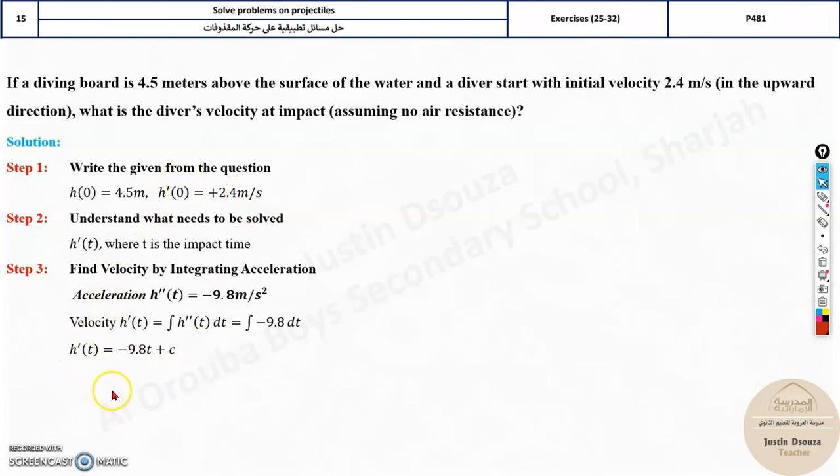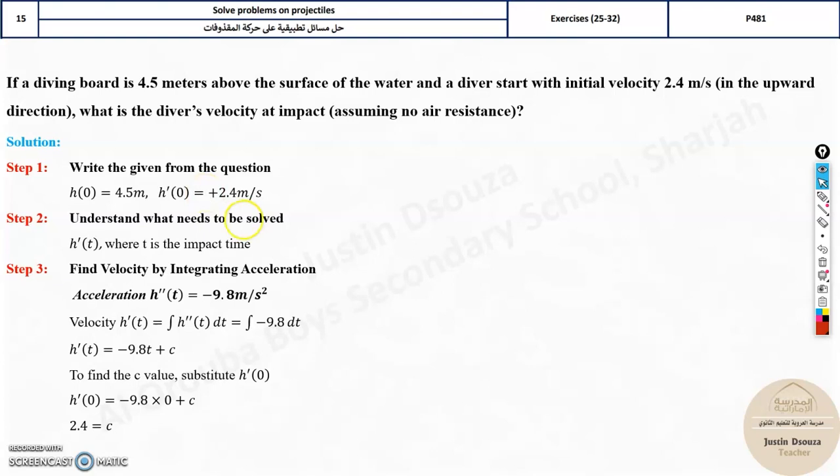All you do is h dash of 0 now. We know that value is 2.4. So substitute wherever t is there as 0 and substitute this 2.4 meter per second. H dash of 0 is 2.4. Right side, this becomes 0. What is remaining? C. So basically the C value is the initial velocity.